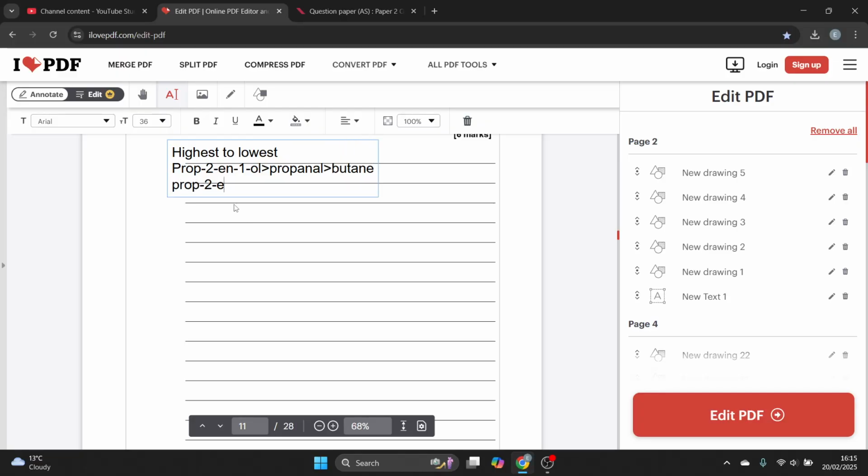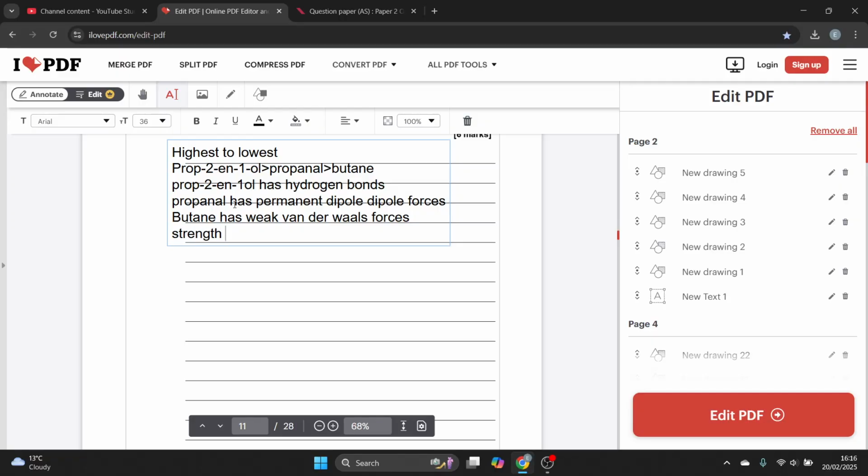First things first, prop-2-en-1-ol has hydrogen bonds. Propanal has permanent dipole forces. It doesn't actually have hydrogen bonds. I thought it did, but it doesn't. Butane has weak van der Waals forces.